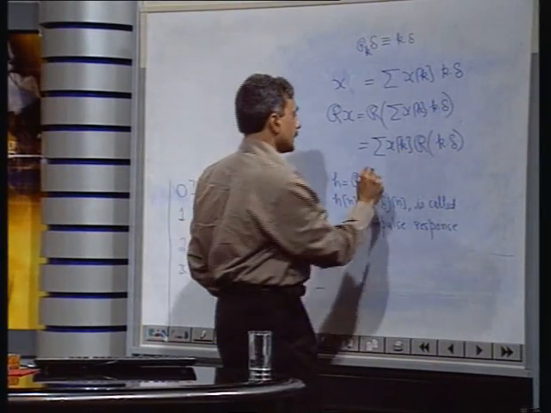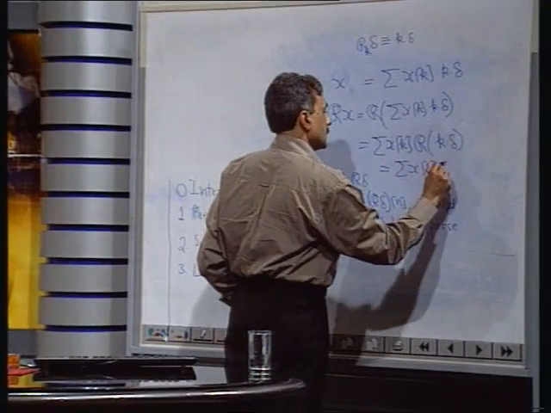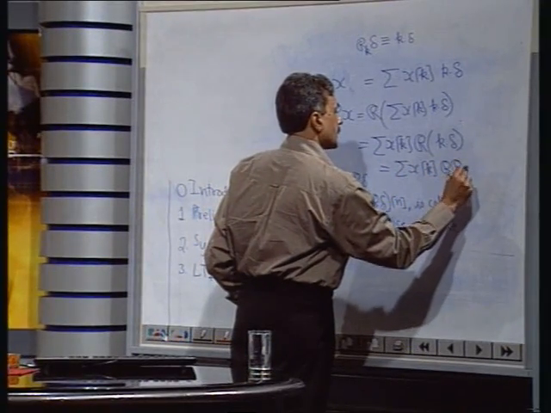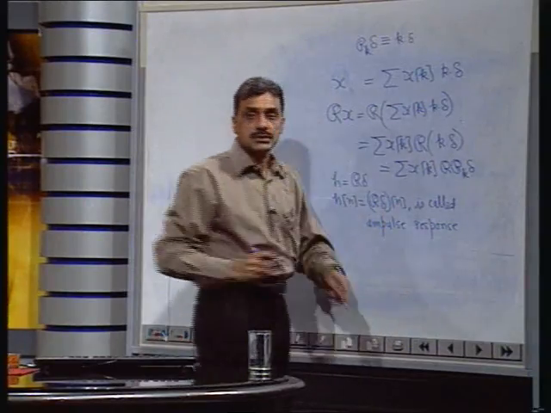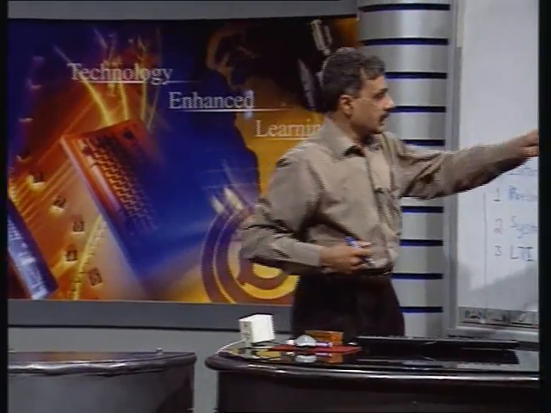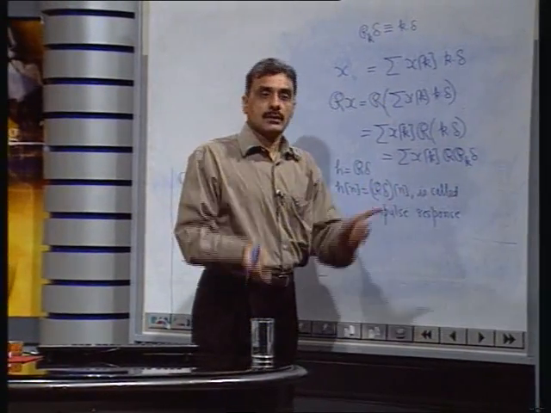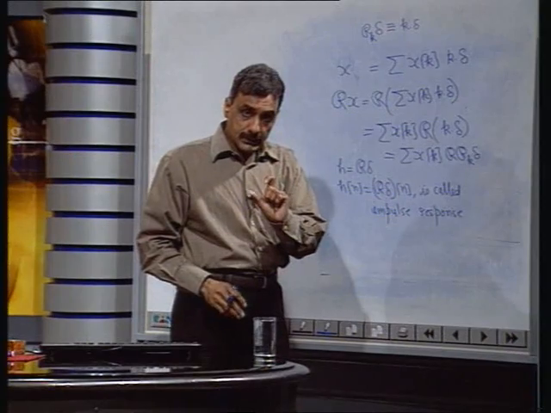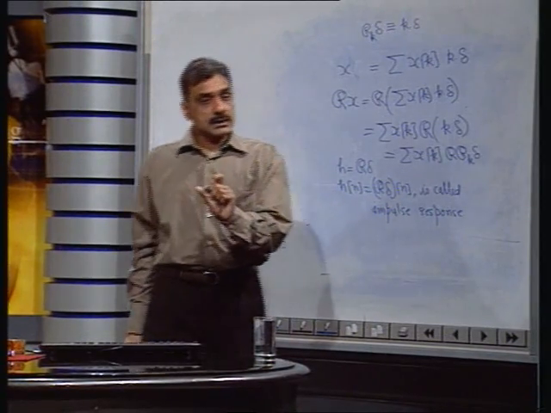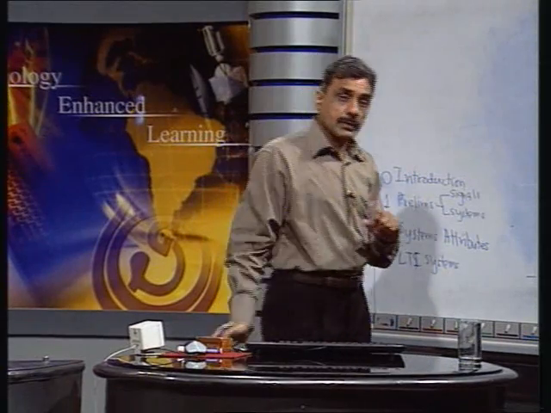So I come back here, I rewrite this expression, and this can be written as x k R of Rk delta, basically a composition of these two maps. First the delay system operates on delta, and then R operates on the result. But the point is, our system is a time invariant system. So R commutes with the delay operator.